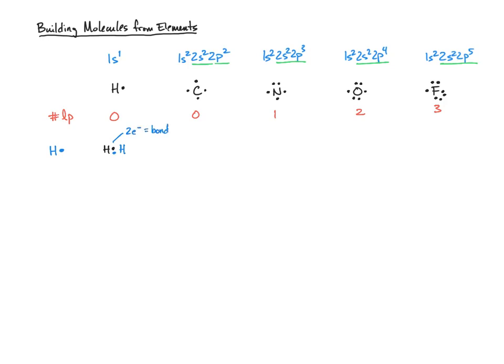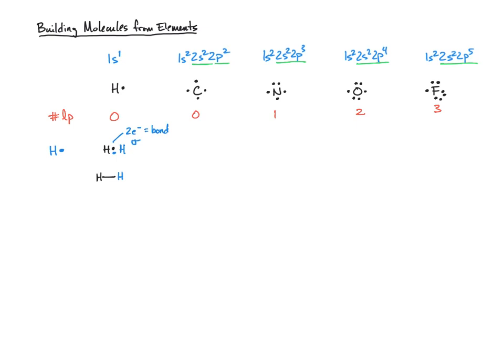In this case, that is a single or sigma bond. Another way that we can represent a bond is with a line. So that's another representation. The two dots become a line. That's a sigma bond.